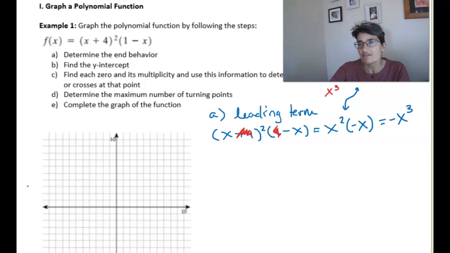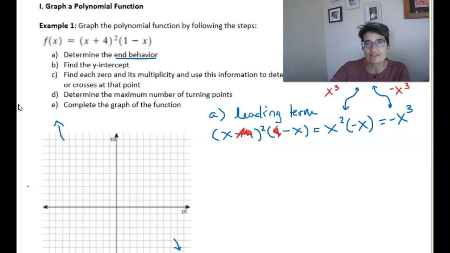Negative x cubed is going to be reflected across the x-axis, so negative x cubed looks like this. So we expect that at the ends, our function looks like going to positive infinity at this end and negative infinity at this end. That's what we need for end behavior, to figure out which way it's turning.